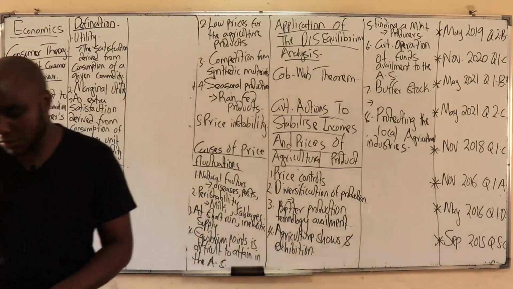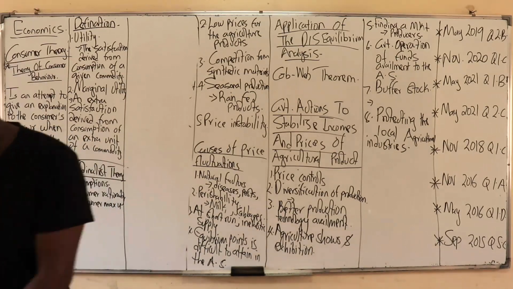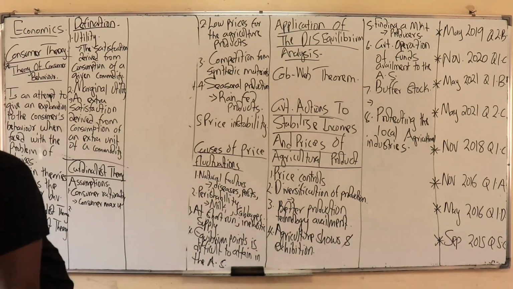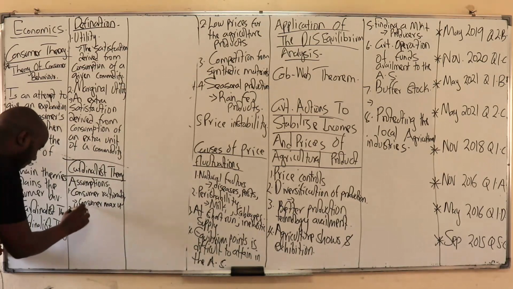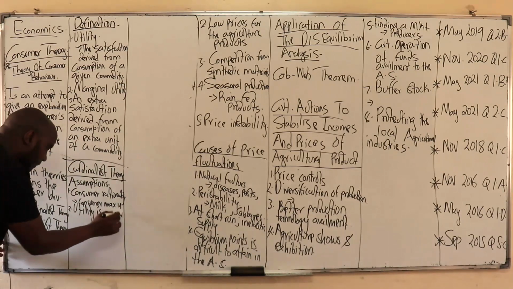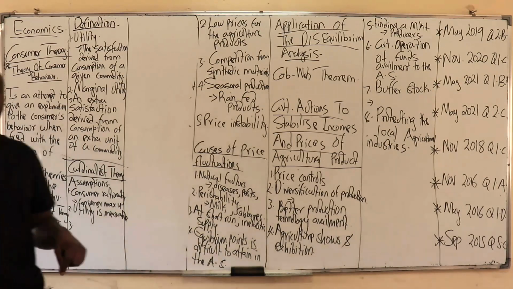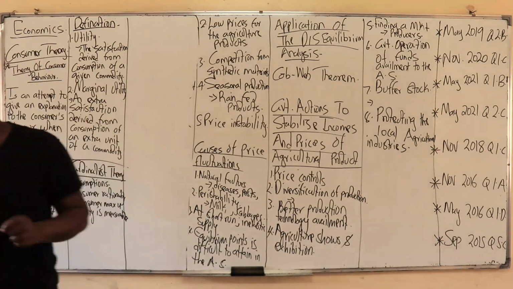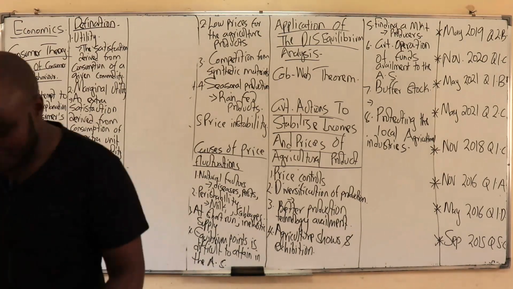Number two is that utility is measurable. Ni kumaanisha kuwa unaona hiyo satisfaction yako tunaweza ipima. Of course, na tushaanza kusema hapana.